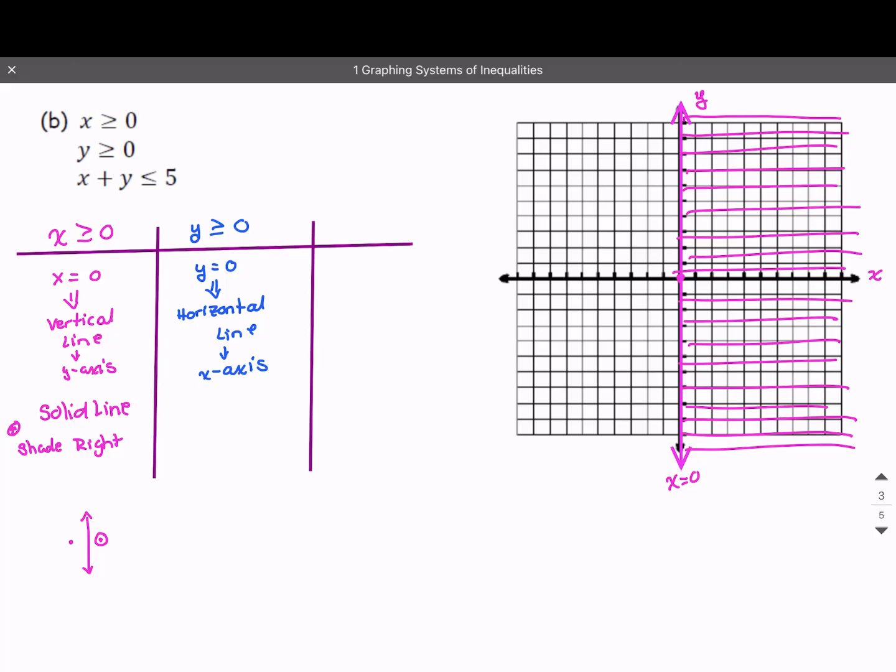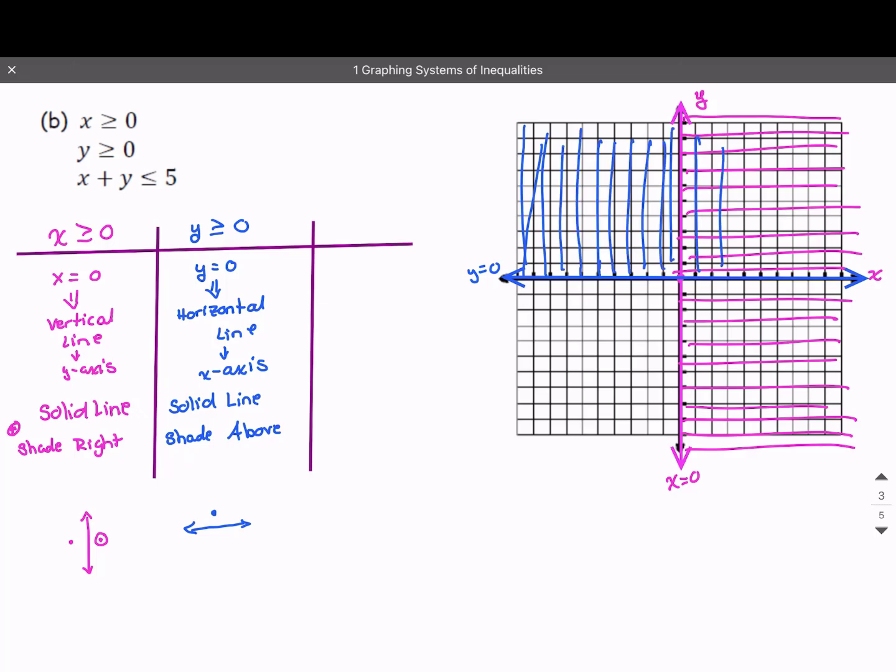It has an or equal to again, so we're going to have a solid line, and since it is a horizontal line, when we're looking for greater than, we're going to shade above. So here's our line y equals 0, and we shade above.